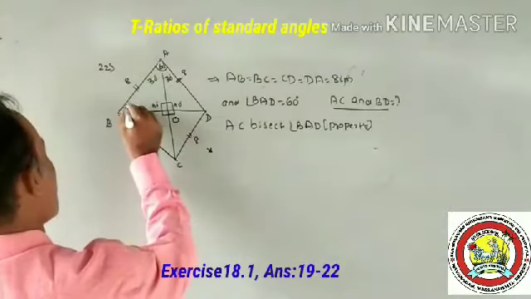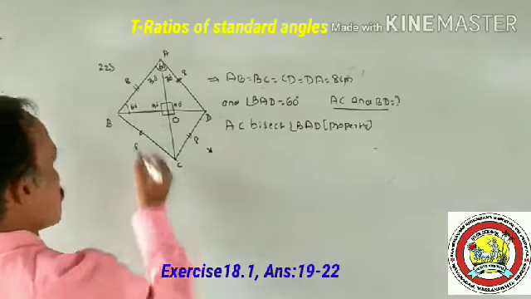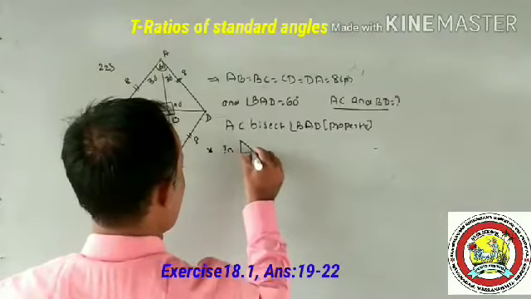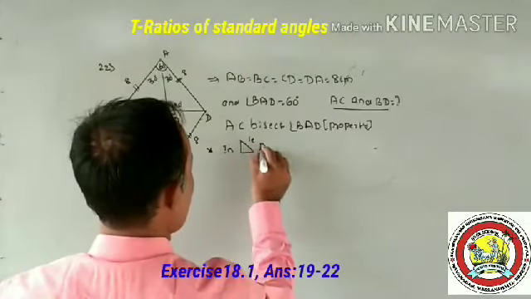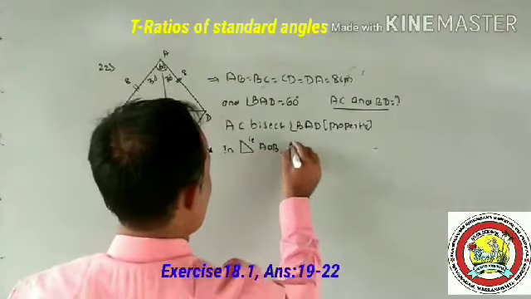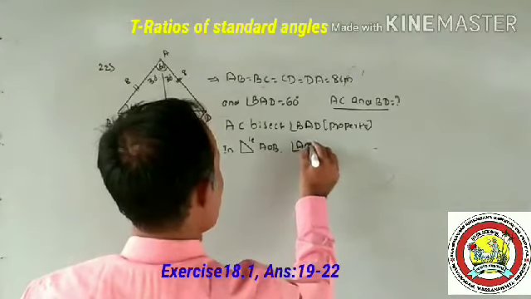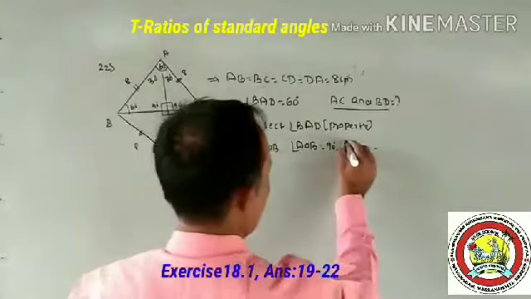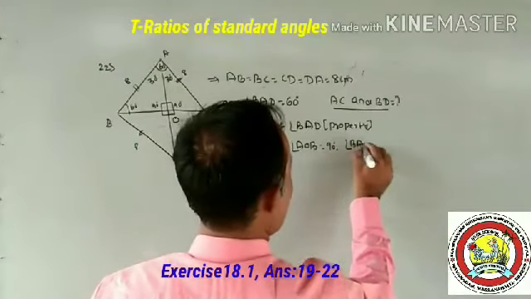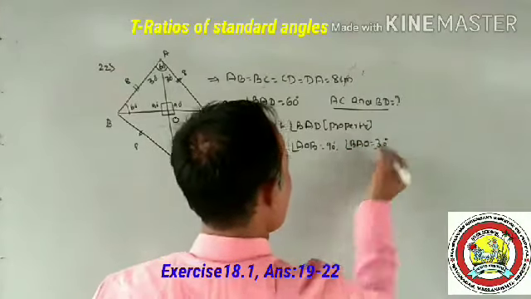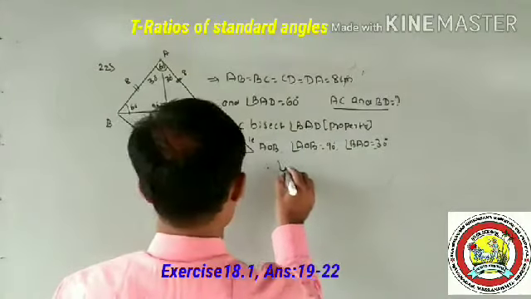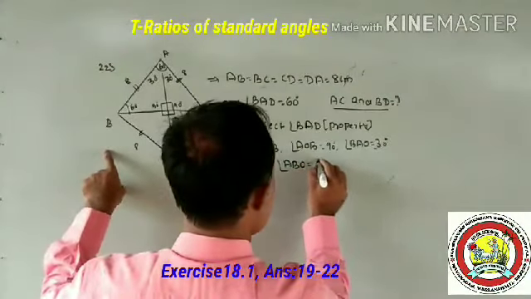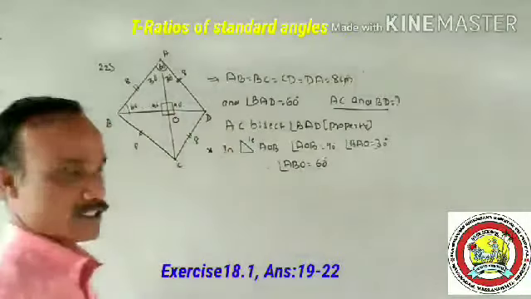What about this angle? It is 60 degrees. In right angle triangle AOB, angle AOB is equal to 90 degrees. Next, angle BAO is equal to 30 degrees. Therefore, no doubt, angle ABO is equal to 60 degrees.